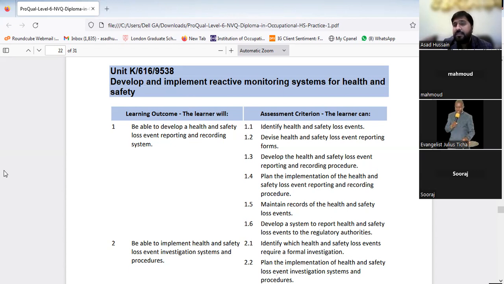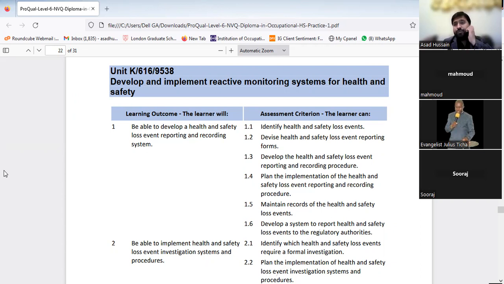some of the organizations have an online system, a platform to upload the data. So with respect to your organization, you have to explain how you are maintaining the recorded reporting data. As all of you know, the minimum standard for reporting an accident is the accident record register or accident record book.